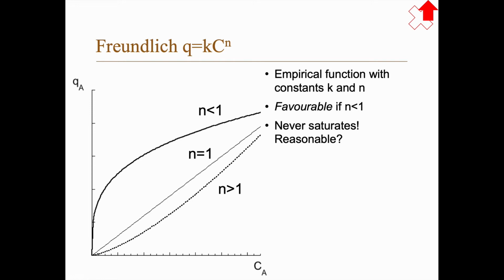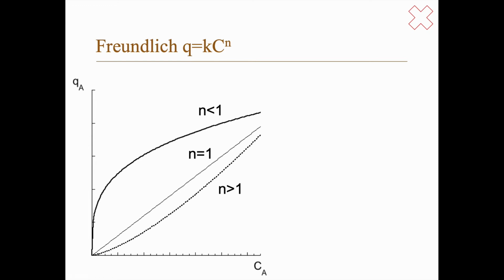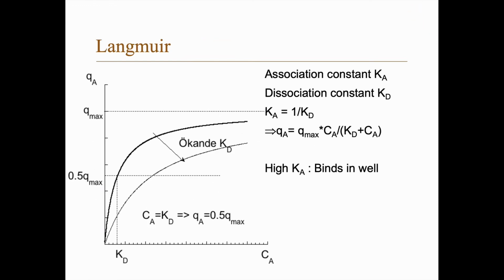Well, it depends. I mean, if you have a situation where you are far from saturation, perhaps a Freundlich isotherm is what best fits your experimental data, instead of this Langmuir isotherm, where you reach a plateau and nothing much happens. And you can compare this with if you go to the cinema, there are a certain number of seats.